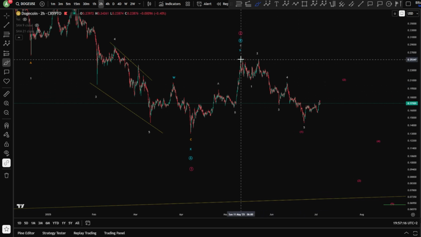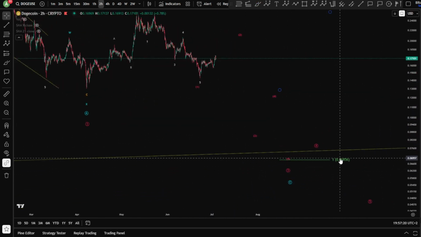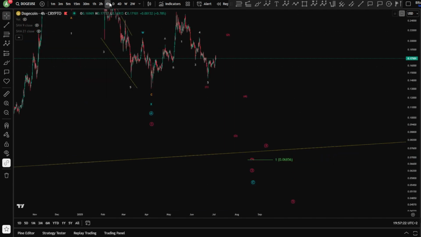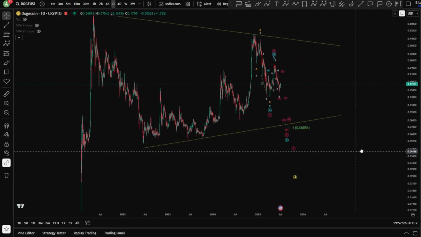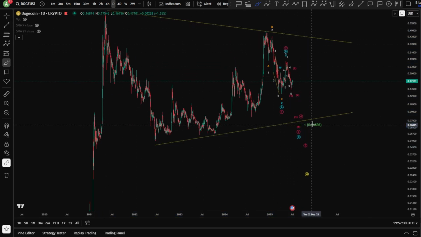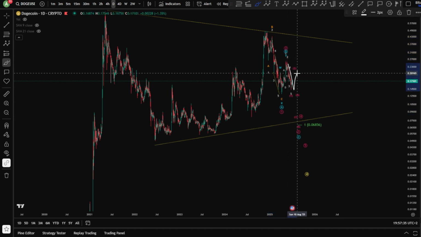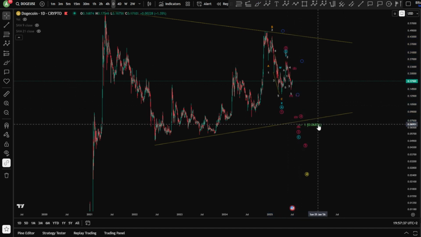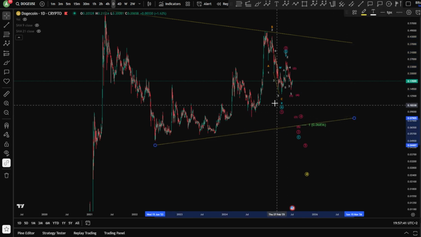But basically, this can be a 1, 2, 3, 4, 5, guys, to finish around the 1-to-1 fib level in confluence, I think, with exactly the triangle. Yes, here we go. All right. So yeah, this is your triangle ABC. Yeah, it can finish exactly at the 1-to-1 fib level in a zigzag. You have already the 1, 2, 3, 4, 5 toward the downside. So probably this is the next target for this triangle.